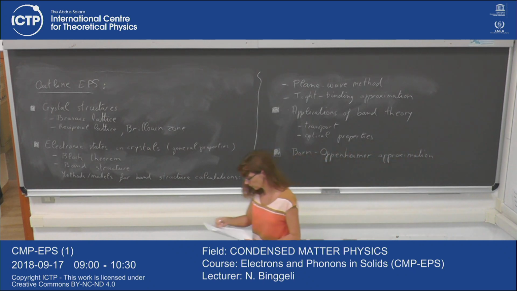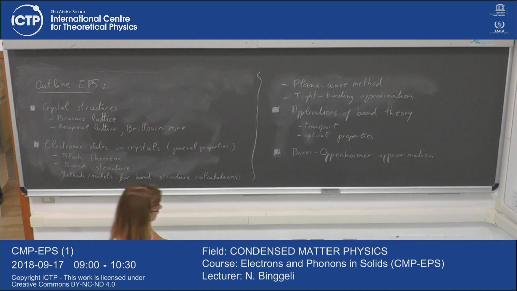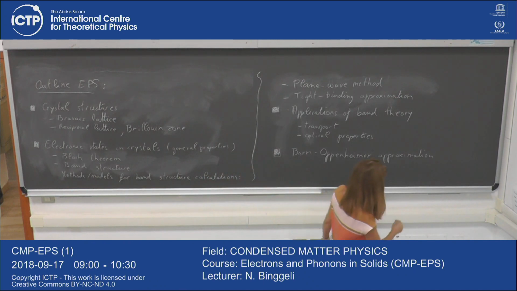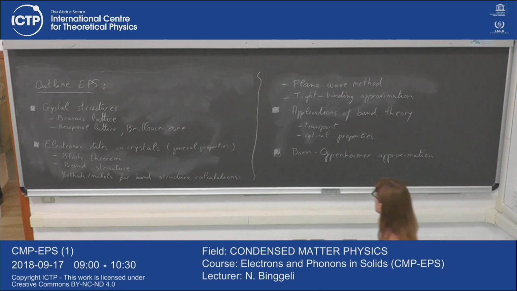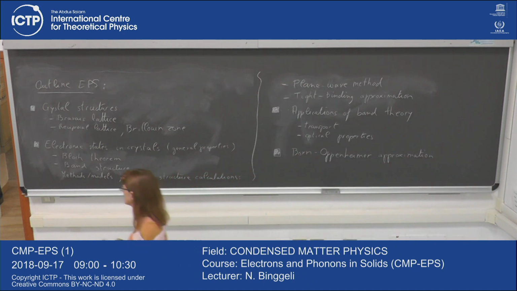This approximation is the link between the electronic problem and the problem of the ions or nuclei in the crystal, that is the structural properties of the crystal, also the equilibrium structure of the crystal and the lattice properties.